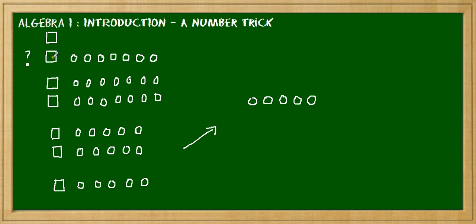We then added 7. We then multiplied this by 2 and ended up with 2 boxes. We then subtracted a number, which was circles only. In the end, we divided this by 2, which put us back to the original box. Then we were told to simply subtract the box, and we ended up with 5.